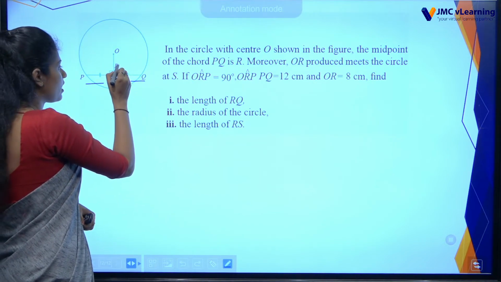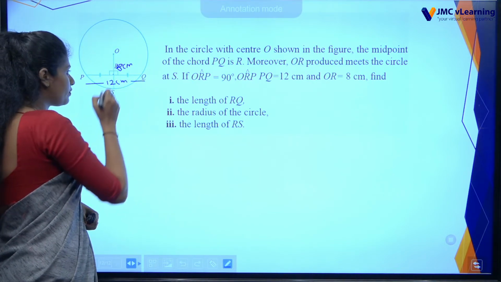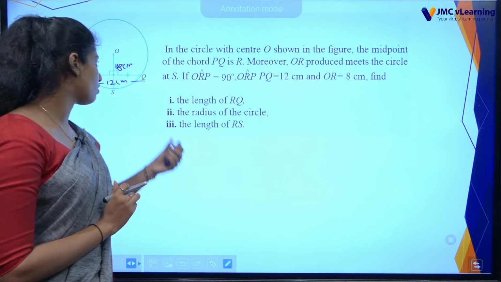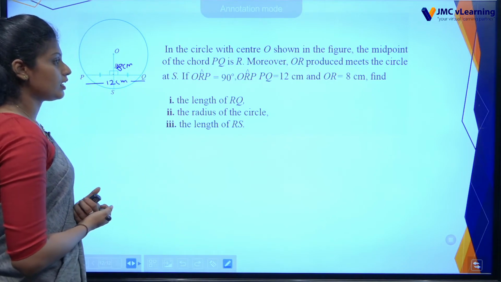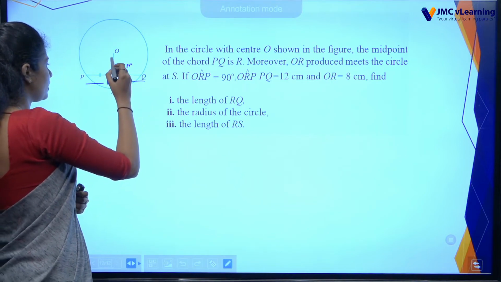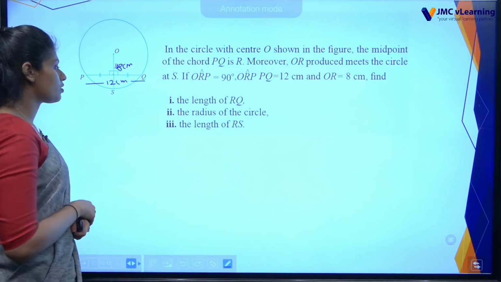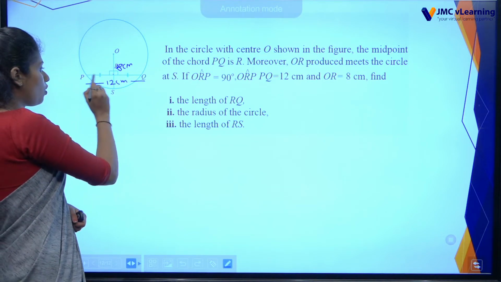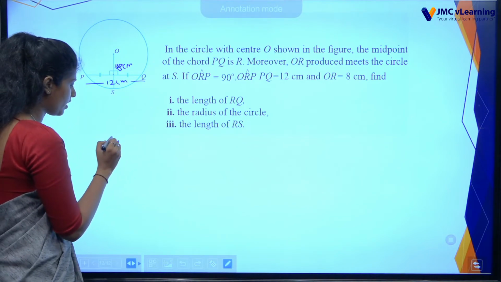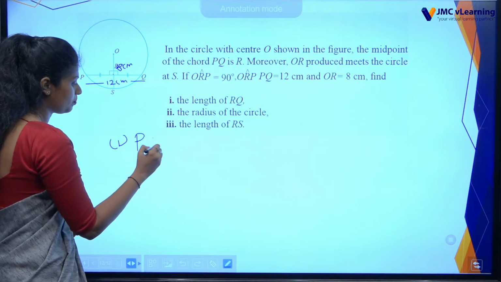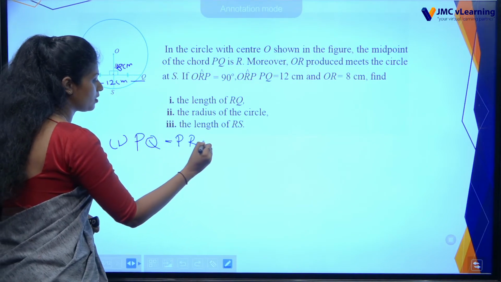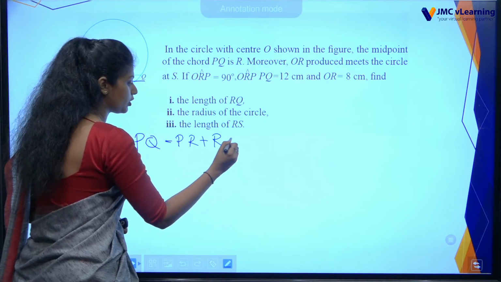And OR is 8 centimeter. Before starting the sum, you have to mark all the hints on the picture. Then we have to find the length of RQ. RQ means this part. So how can you find it? The whole length is 12 centimeter. PQ means PR plus RQ.